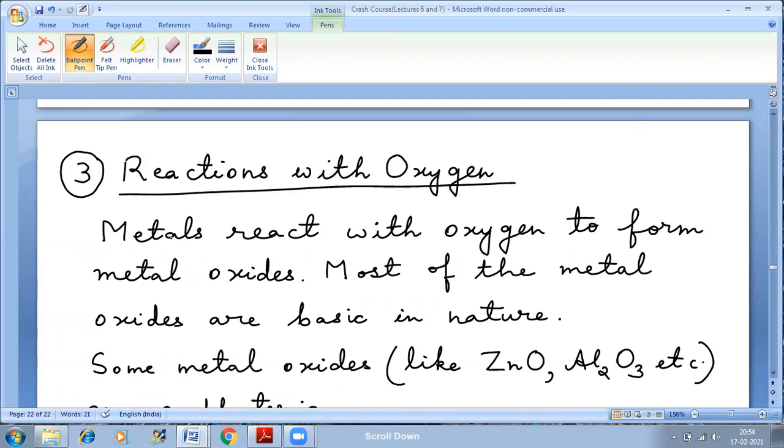Next, reactions with oxygen. A metal reacts with oxygen to form metal oxide.